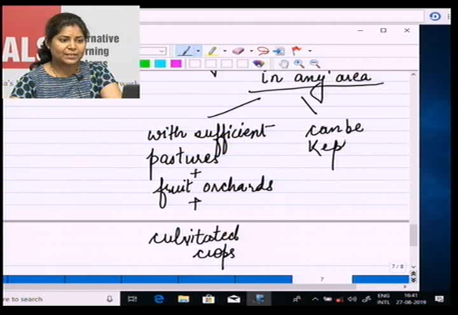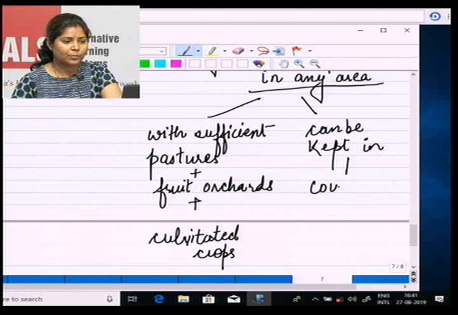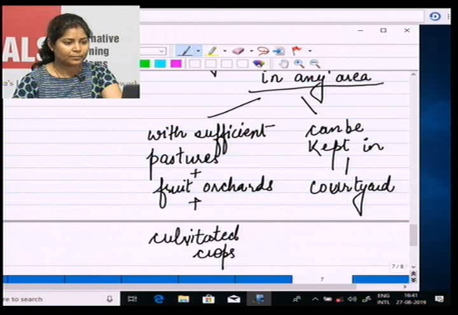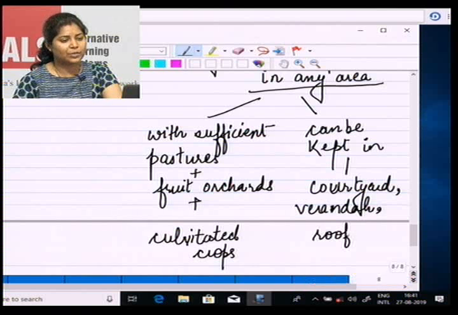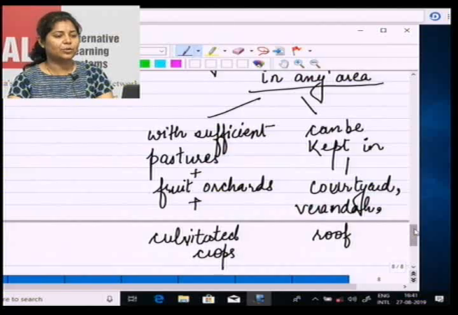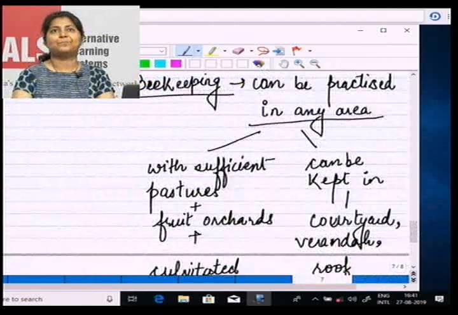At many different places, like in a courtyard, your veranda, and your roof also. So if you are having a terrace, you are having a roof, you can keep them over there also. So this is bee keeping.